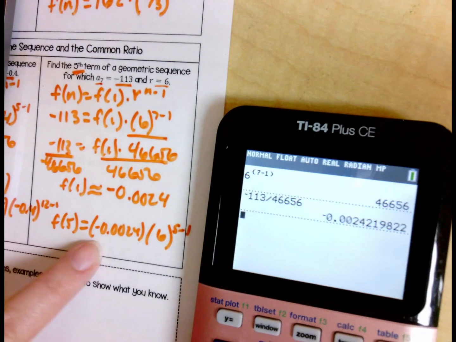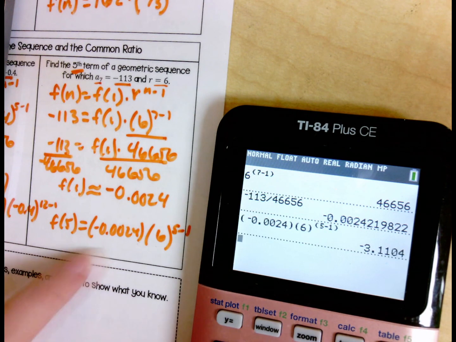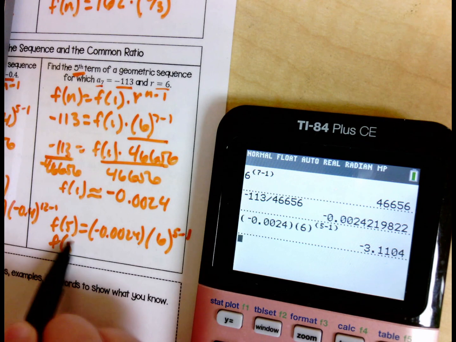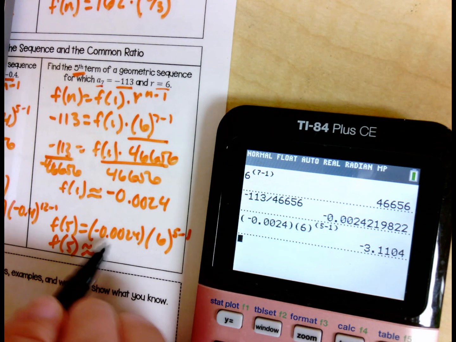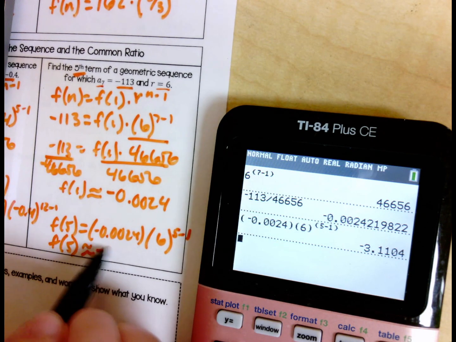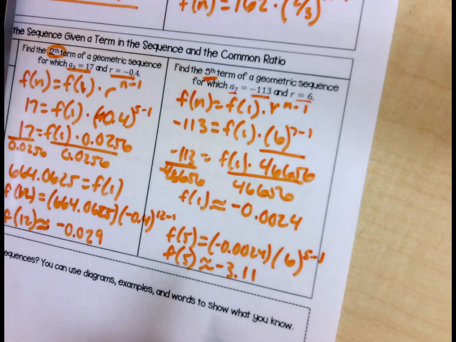Negative 0.0024 times 6 raised to the 5 minus 1 power, and we get f of 5 is approximately, again, because we used an approximation right here, negative 3.11. Okay, and so we end up with this negative 3.11 answer.